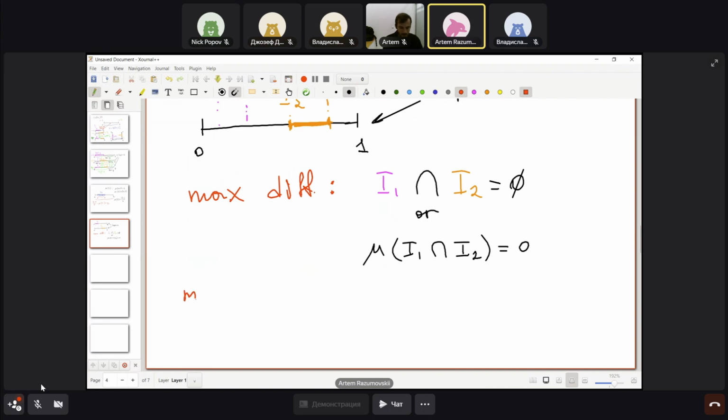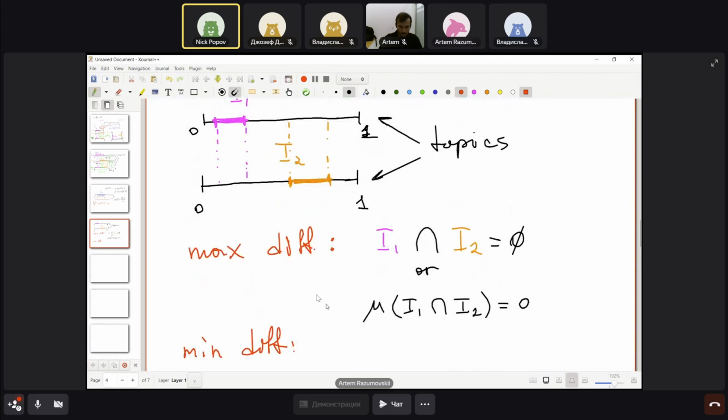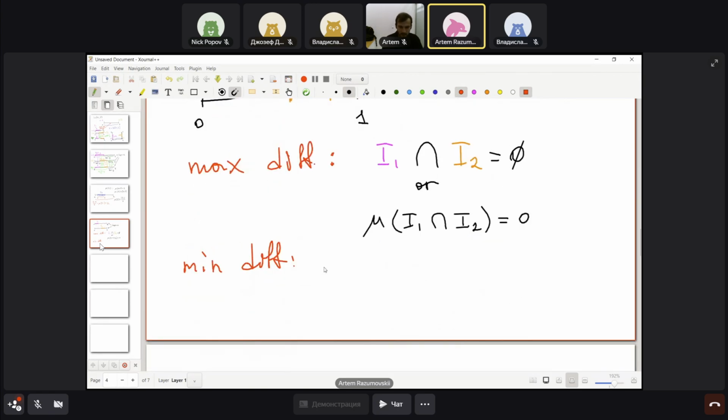And what is the case? Then we have minimal differentiation between platforms. It's when the intersection coincides, like the intersection is equal to one of the sets, because it could be like, I'll draw, but now let me write the formulation.